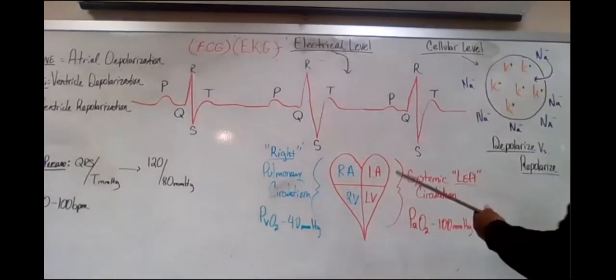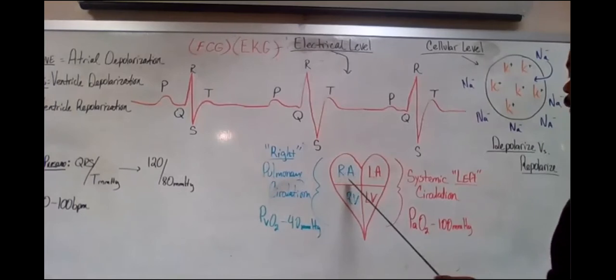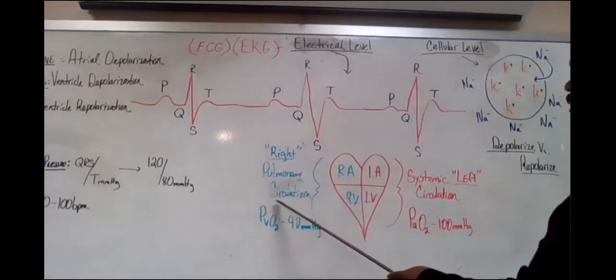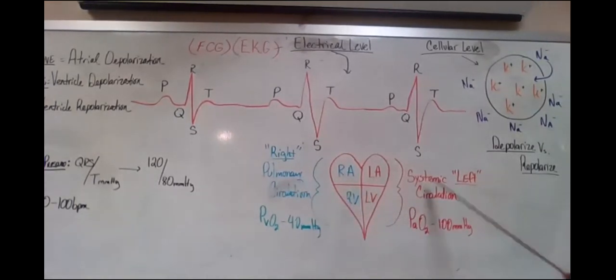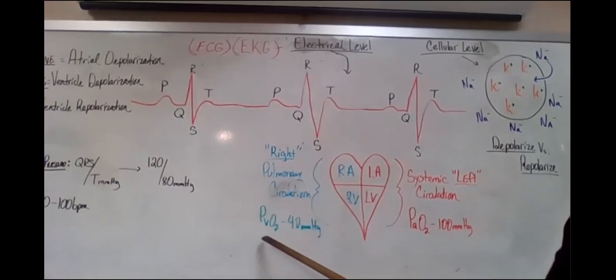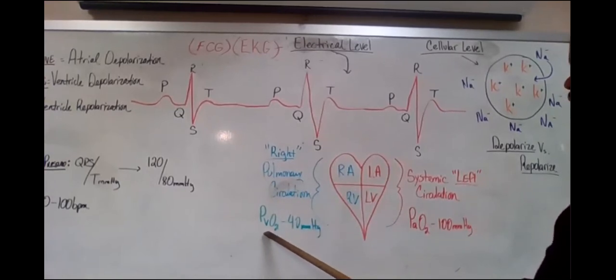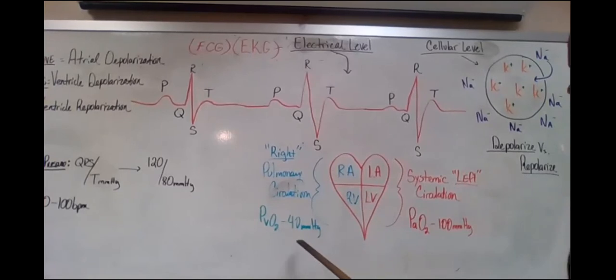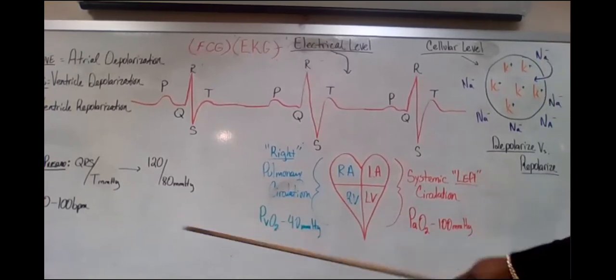On paper, we know what's happening. We have the right side, which is the pulmonary circulation, and the left side, which is the systemic circulation, right? The oxygen level on the right side, the PvO2, pressure of venous oxygen, is about 40 millimeters of mercury. Really low.